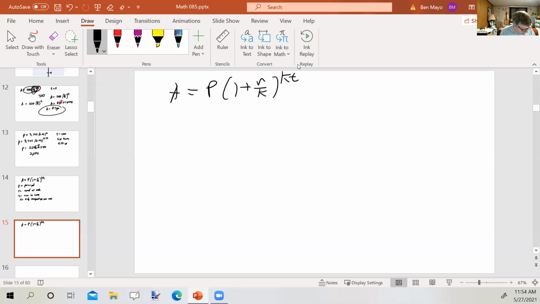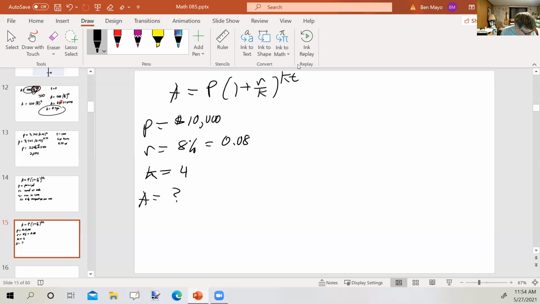An initial deposit of $10,000, so that's P, earns 8% interest, so that's R, which we're going to write as a decimal number. Compounded quarterly, so K is 4. How much will be in the account? So that's the accumulated amount. We don't know that yet. After 10 years.